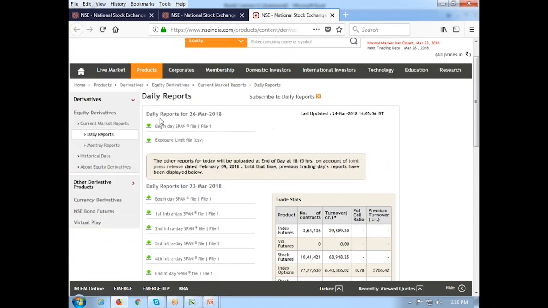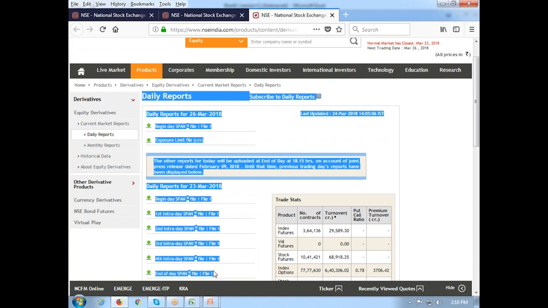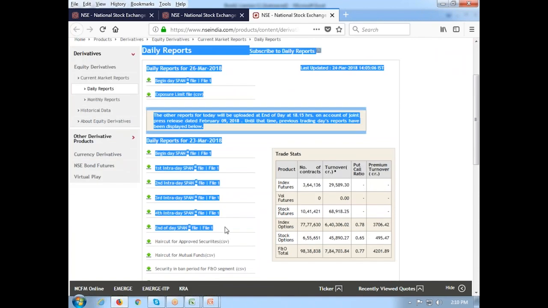Reports from here to here, the end of day span file, these are for the margin calculation that an exchange provides to the brokers. Now what is margin? I'll explain a little later what margin means, but these files are for the margin calculation.